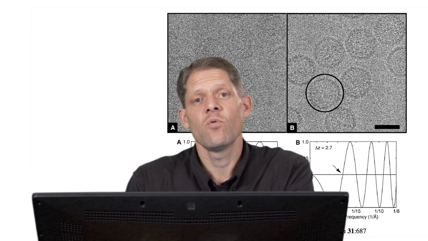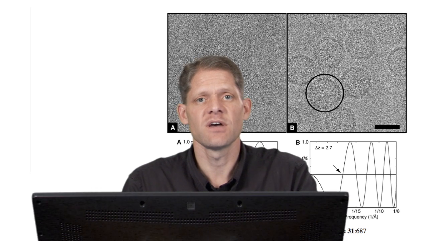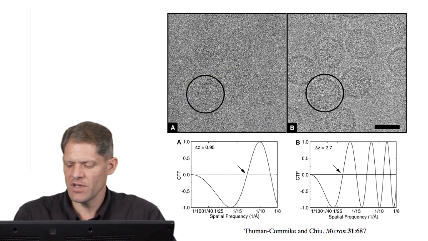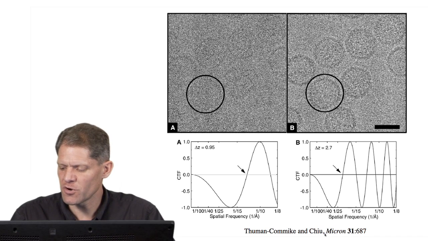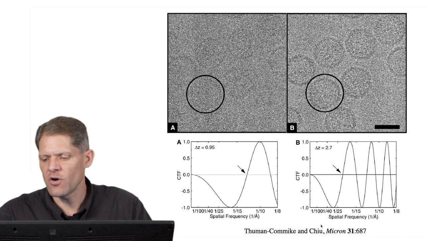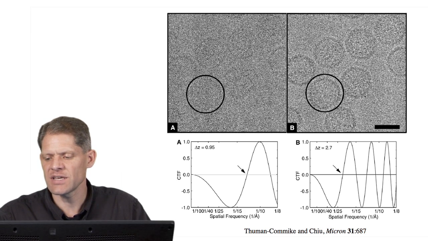Now, to show you what the effect of defocus is on real CryoEM images, I'd like to show you this figure from a paper from Wachu's group. In this figure, they show pictures, CryoEM pictures, of a field of icosahedral viruses.